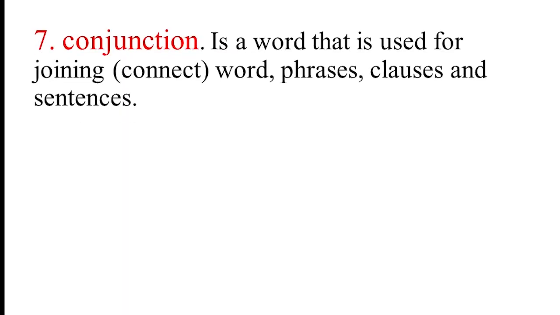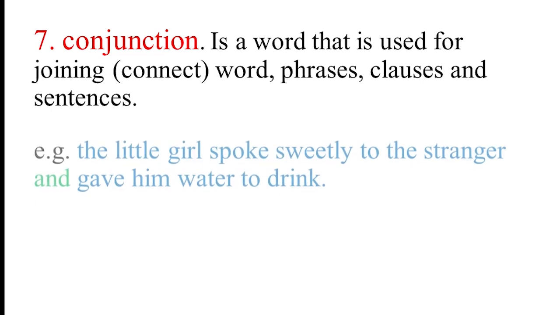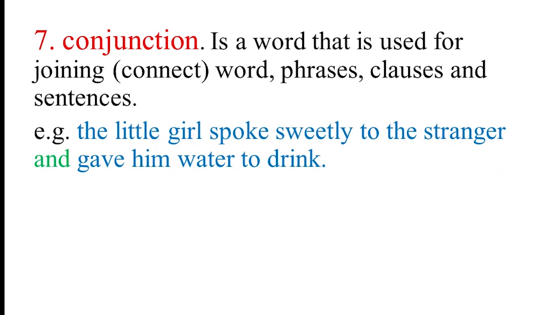And the seventh one is conjunction. A conjunction is a word that is used for joining or connecting words, phrases, clauses, and sentences. For example, the little girl spoke sweetly to the stranger and gave him water to drink. So there are two sentences here.